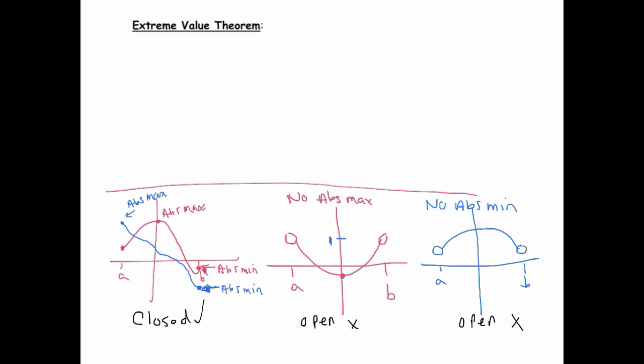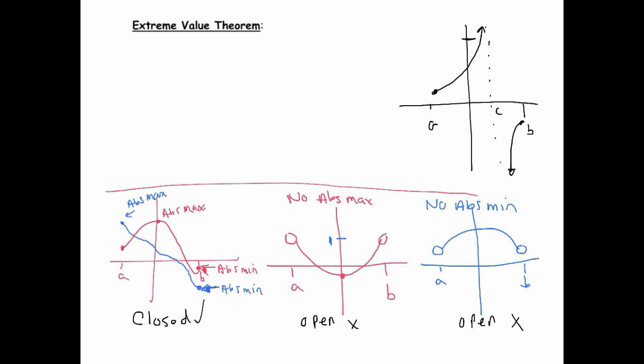The other thing is that it has to be continuous in the interior, of course, because I could easily give you a graph here with an asymptote at c. We can see that this is not going to have any absolute max or min values, because any y value you choose, I'll always be able to find one bigger by traveling along this curve towards the asymptote from the left.